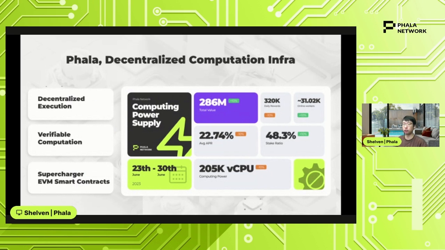All of these workers need to be staked. These hardware operators need to stake Phala tokens to these workers. These stakings serve as security deposits, and we also have the tokenomics to encourage them to behave well and provide high quality services.